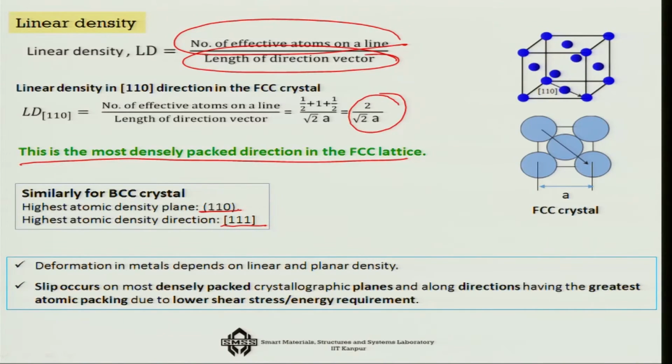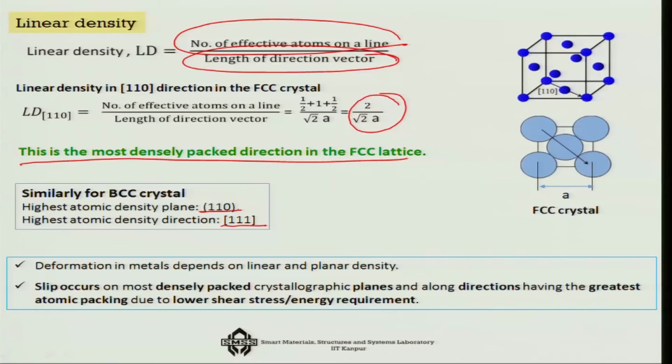The equivalent is something like, you consider that you have a small piece of paper or cloth and you have some balls below that, and you are trying to pull that cloth. The direction where you are getting more number of rollers, it will be much easier to pull that cloth along that direction. So, that is why the slip occurs on most densely packed crystallographic planes and directions.